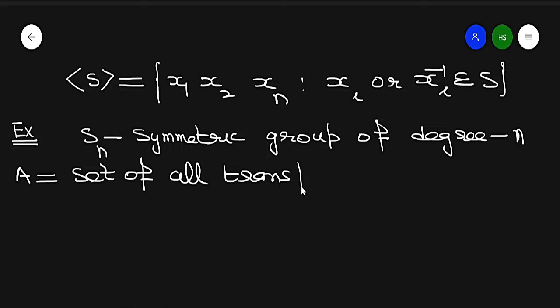Clearly Sn is generated by A. Why? If I take any permutation from Sn, this permutation is a finite product of transpositions. So by the previous theorem, Sn is generated by A. This is a simple example.